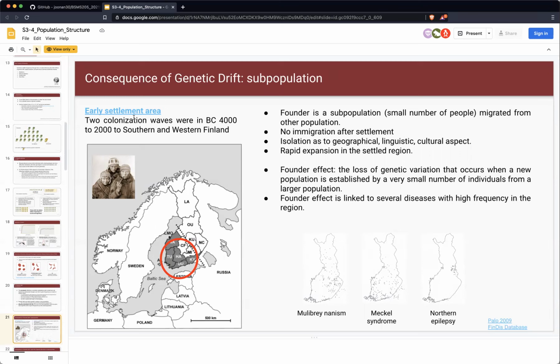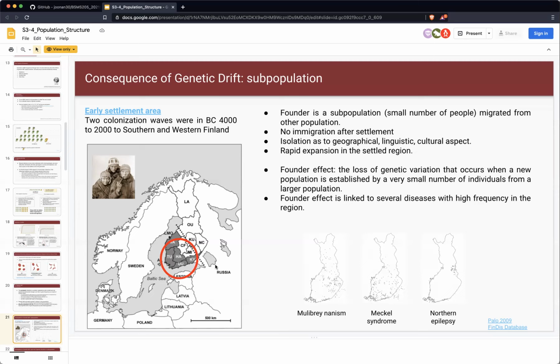The early settlement had two colonization waves into Finland about 6,000 years ago, and they were segregated in time, without a big swap of population, and they didn't really share their population with each other because of different geographical regions, and also linguistic, cultural, and religious differences as well.